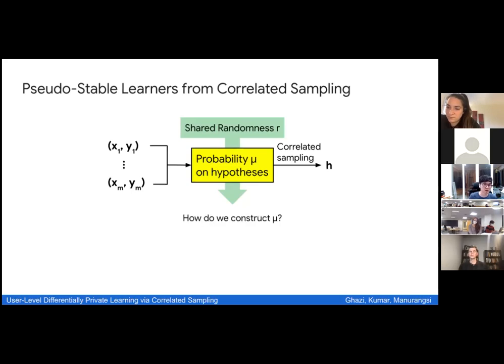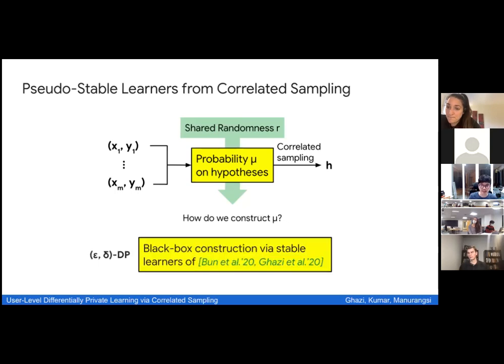But how do you construct this mu? This is what we are gonna go into next. And the answer is indeed you do some sort of boosting of the stability from the stable learner, which itself doesn't have a very high stability. So how do we do that?